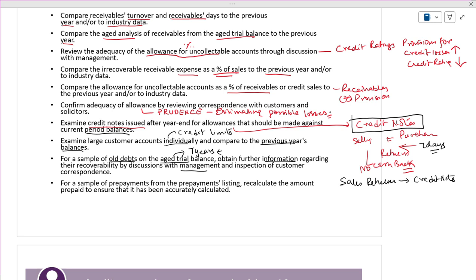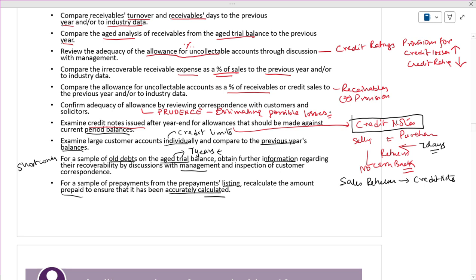For a sample of prepayments, from the prepayment listing, recalculate the amount prepaid to ensure that it has been accurately calculated. We are not talking in terms of shortcomings. Also we are talking in terms of anything paid in advance.